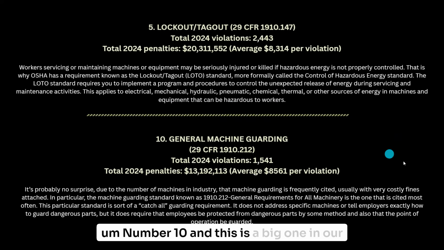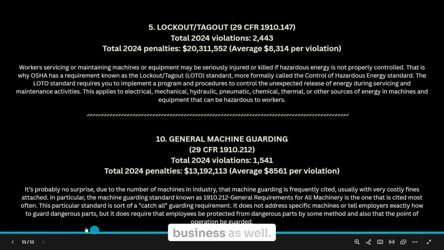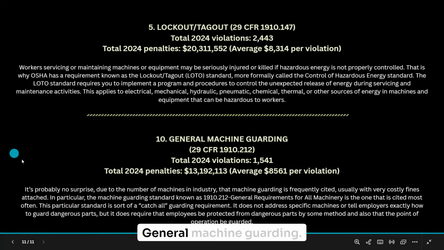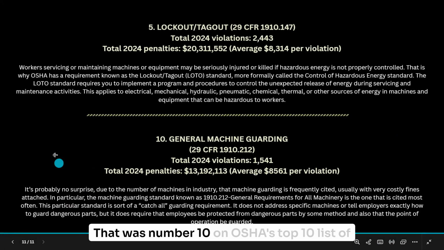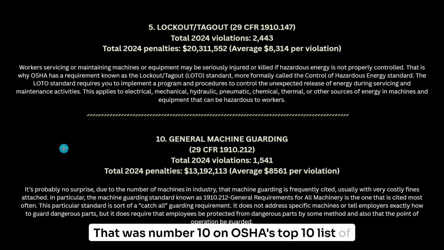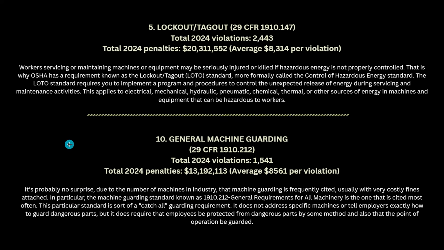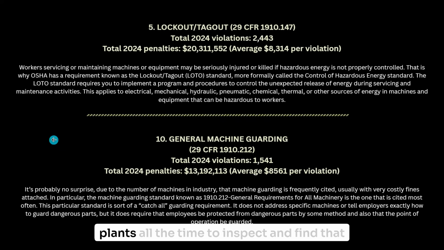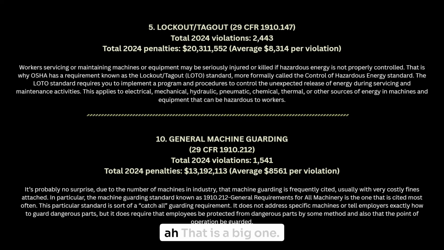Number 10, and this is a big one in our business as well: general machine guarding. That was number 10 on OSHA's top 10 list of violations. We go into plants all the time to inspect and find that repairs have been done to a piece of equipment, but the guarding was never put back on the machine. That is a big one.